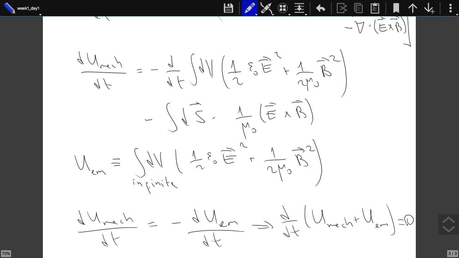Now the crucial thing in this derivation, at least, is that I'm not separating some charges and ignoring the other charges. I'm taking into account all the charges in my system, everything that can create an electromagnetic field, everything that will feel an electromagnetic field. If you just look at a part of a system, then of course this energy need not be conserved, because some other forces are acting on them.